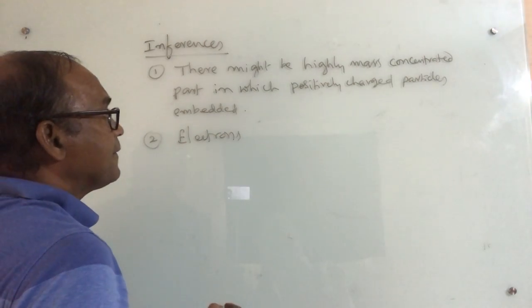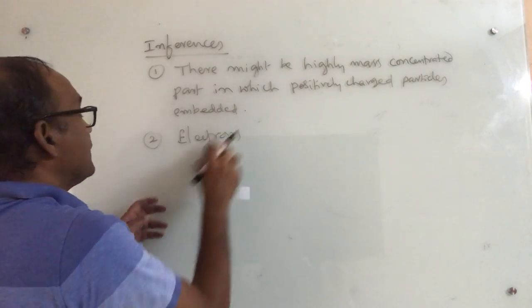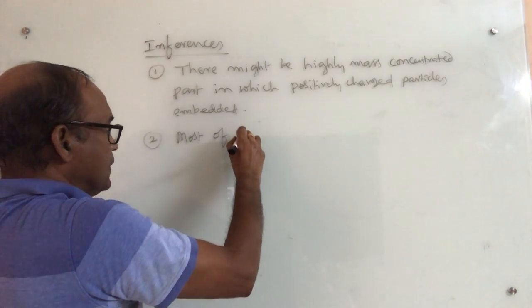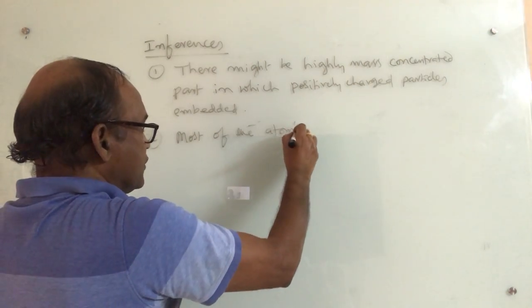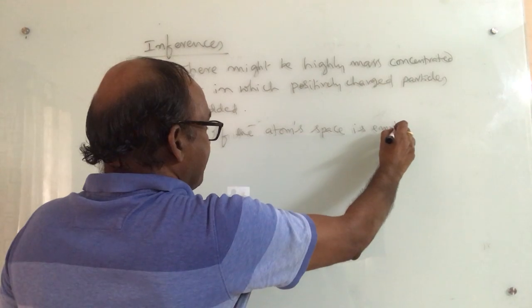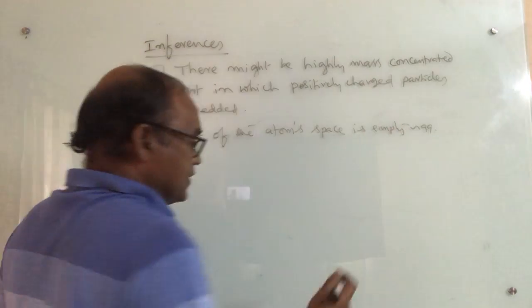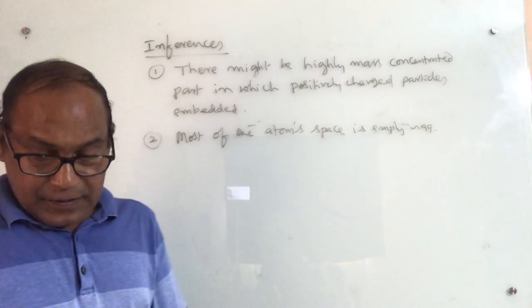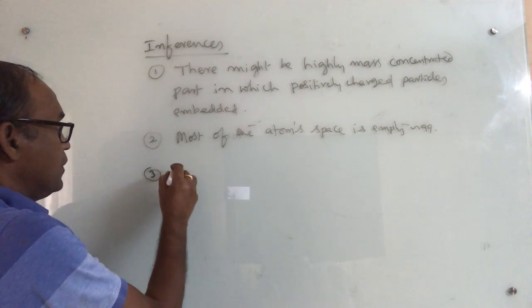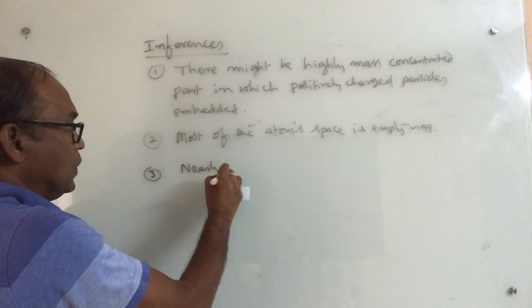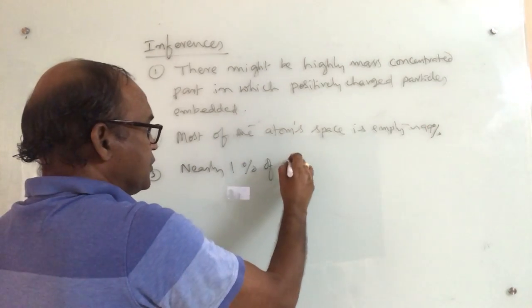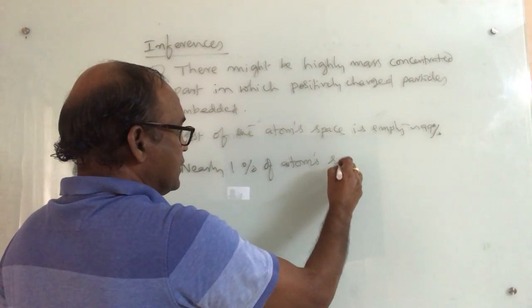Electrons: most of the atom's space is empty, which is nearly 99%. Nearly 1% of the atom space is occupied.